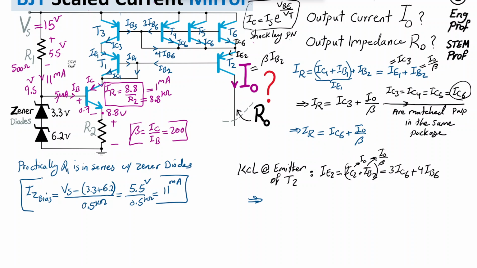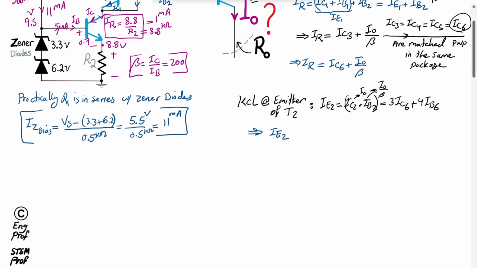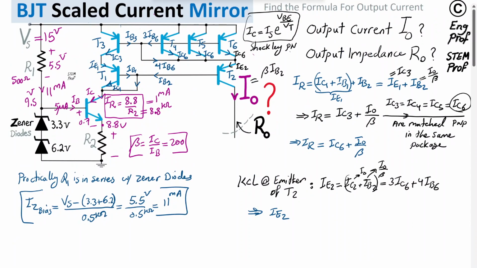I get I emitter 2 equal to 1 plus 1 over beta times I out, and then equal to, keeping this but using the same idea, substituting from what we found: IB6 is IC6 divided by beta.